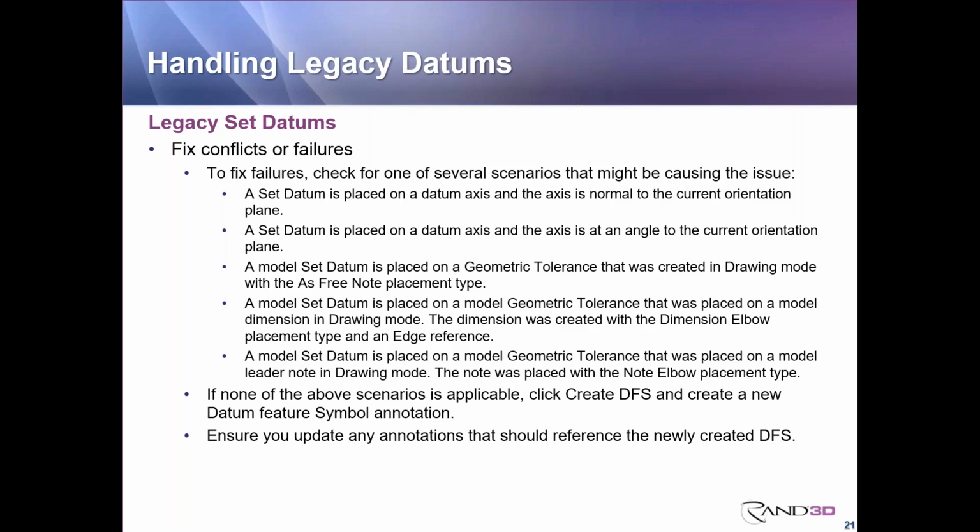And if no workaround exists, then what you do is directly create the datum feature symbol to create a new datum feature symbol annotation. And then that datum feature symbol annotation will display green, since you just made it, and you can make sure it has the same name as the set datum if that was your issue from the past.